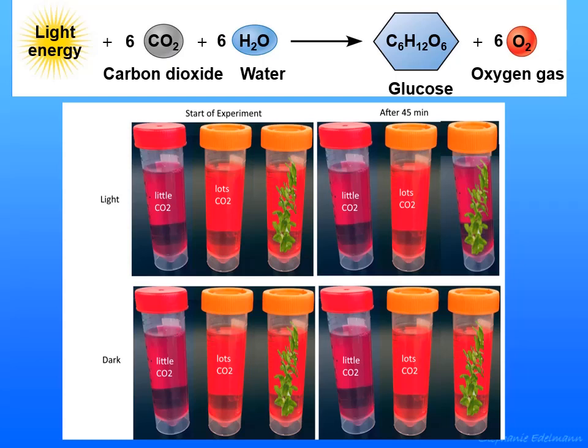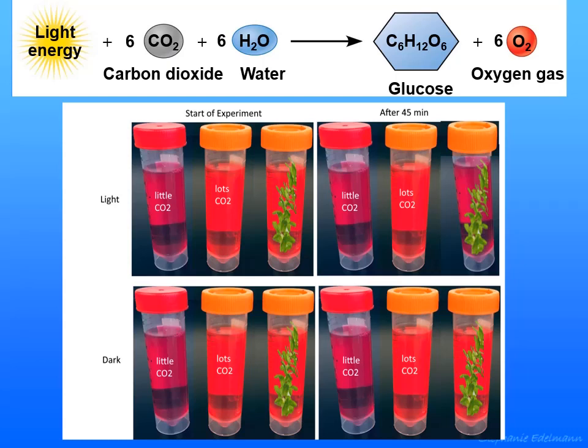Now after 45 minutes, you still have very little CO2 in the red tube. And you still have the same more CO2 in the orange tube. So in the dark reaction, the tube is still orange. What does it tell you about the amount of CO2? And what does that tell you about the amount of photosynthesis that was going on there?